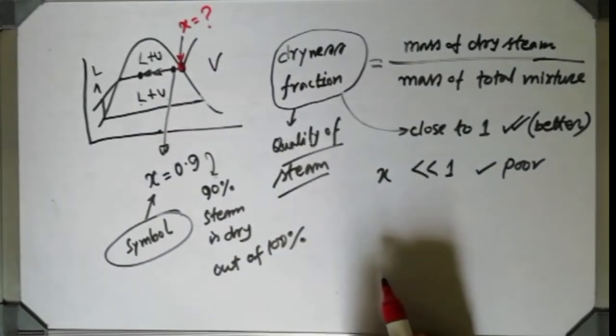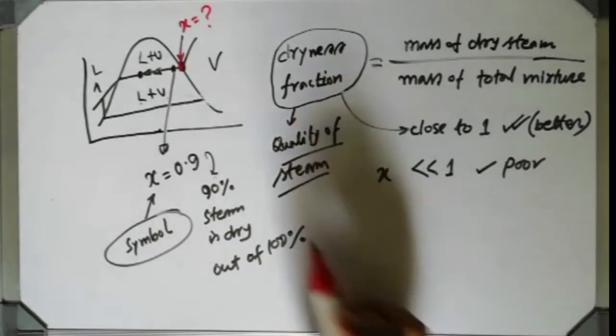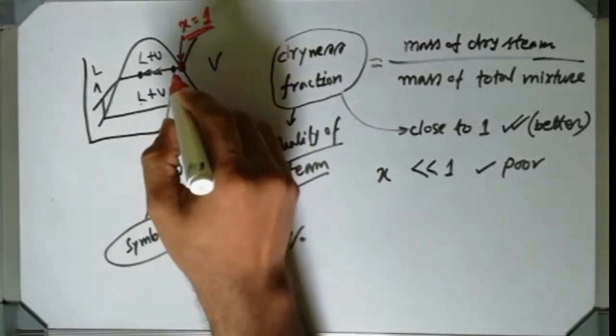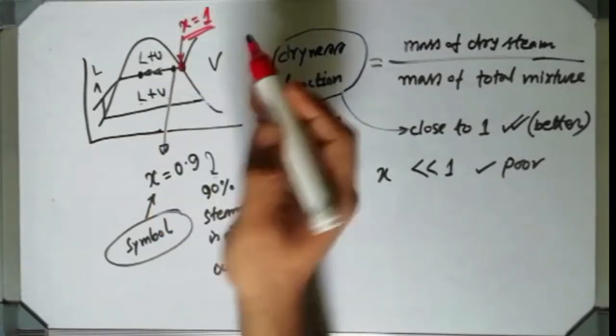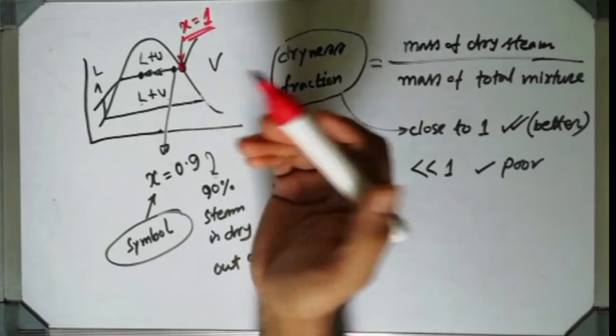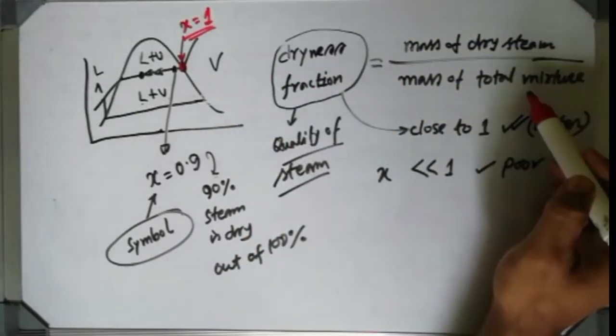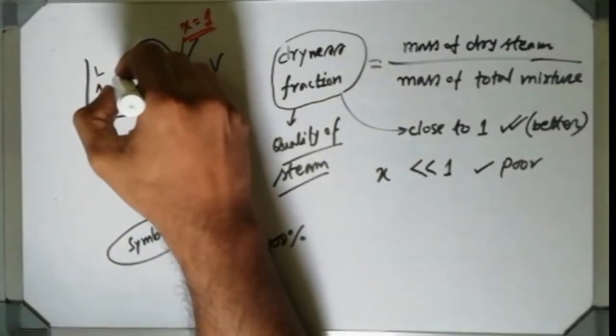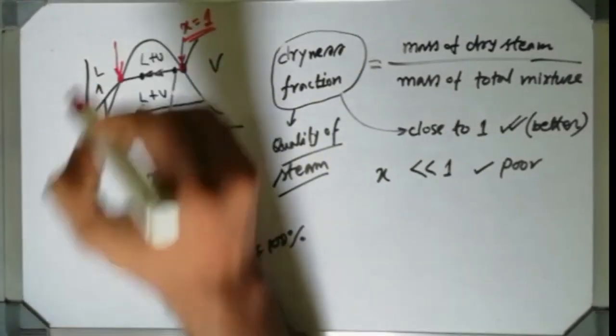No one? Exactly one, very good, exactly one, because at the dry saturation line the whole amount of steam is converted into dry steam, so the numerator and the denominator will remain the same, so it will be 1. And similarly, tell me what will be the dryness fraction of this point?